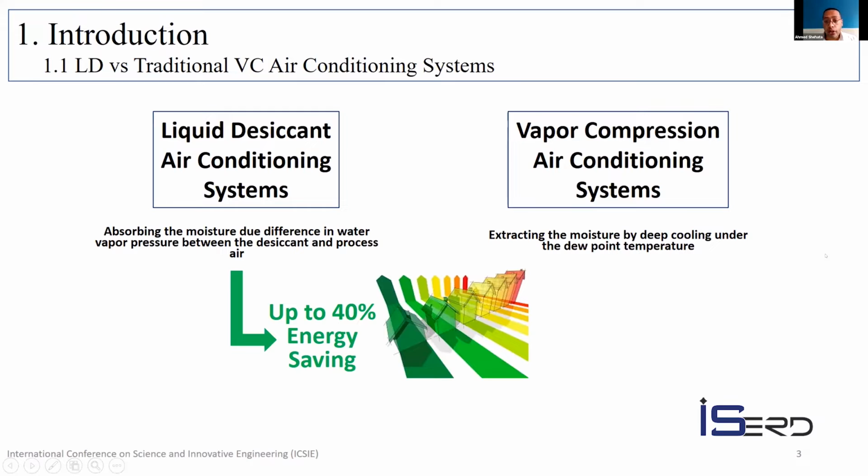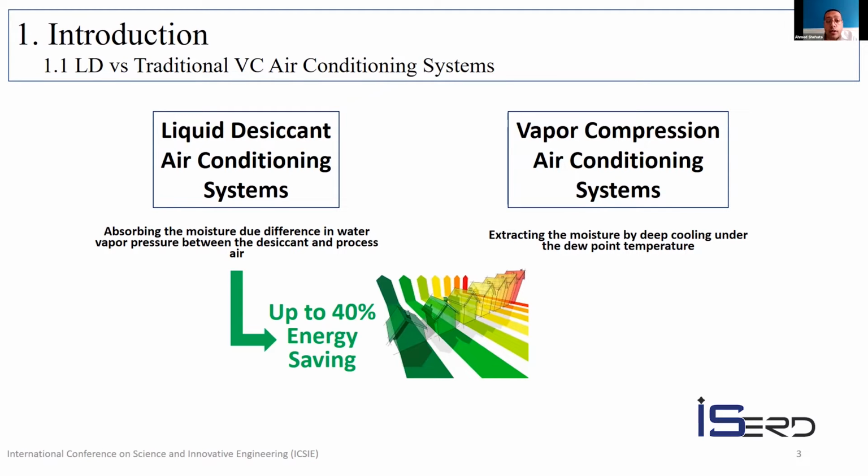First, for the introduction, the past researchers along the past 2 decades have been focused on liquid desiccant air conditioning systems. So what do liquid desiccant air conditioning systems give us more than vapor compression or the traditional air conditioning systems? It saves up to 40% energy. Why?